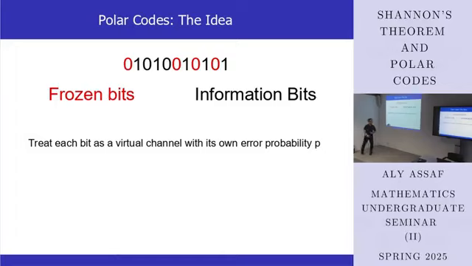And the reason for this is that each bit is treated as its own binary symmetric channel, right? This one has a very high probability of error. These four here have a very low probability of error, so they're much more reliable. And this might seem confusing, like how can this message have different probabilities for each bit? And that's what we're going to explain now.